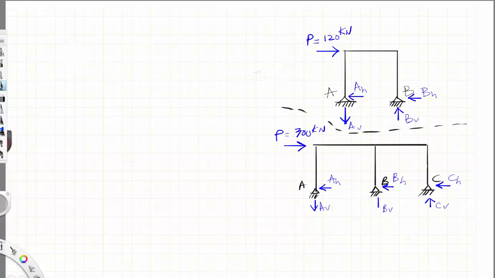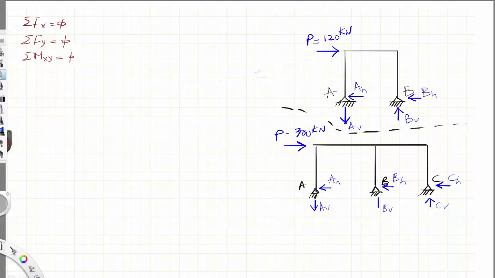These are three equations: the sum of all forces in x direction equal to 0, the sum of all forces in y direction equal to 0, and the sum of all moments about a certain point xy is equal to 0.